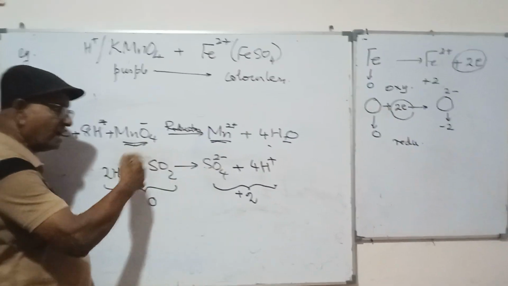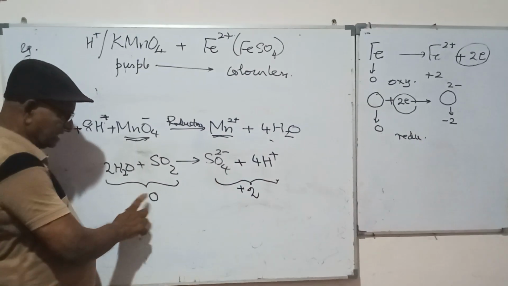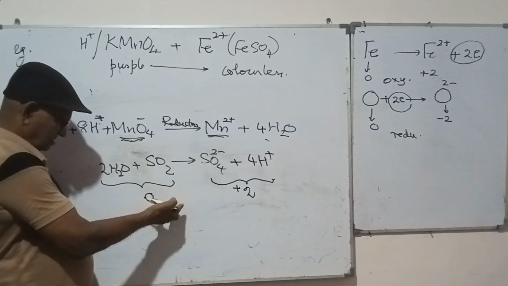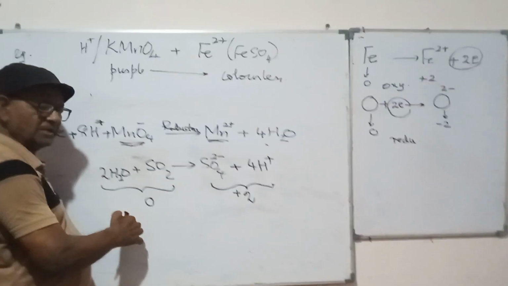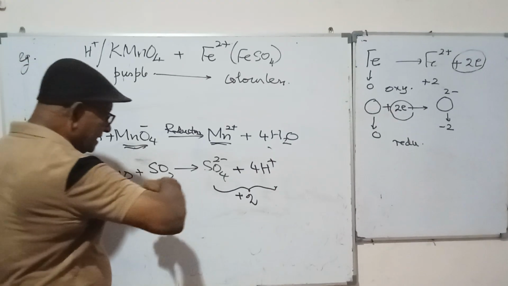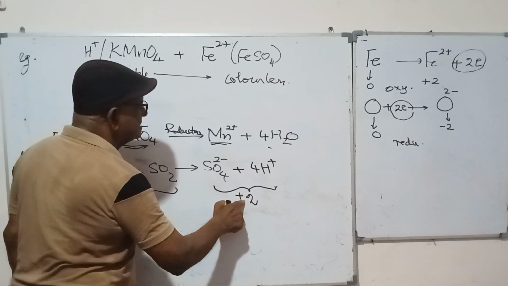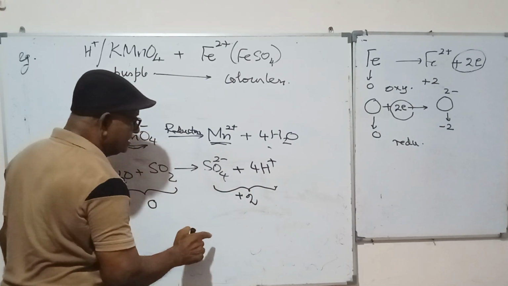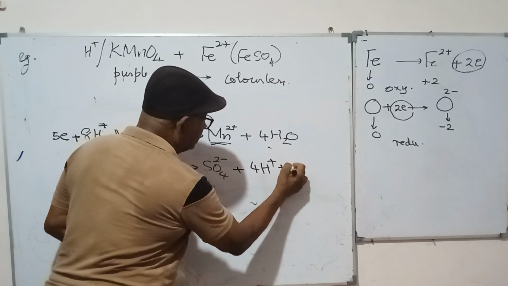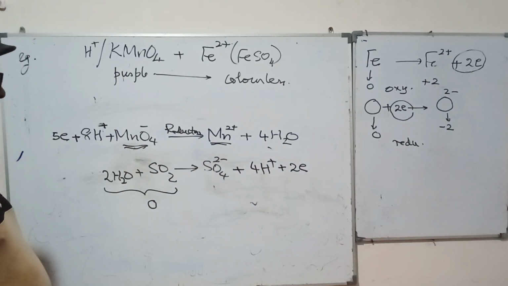Then how do we balance the charges of both sides? It is unable to give plus 2 here, so protons should be added. I told you we are unable to add protons, but we can neutralize those 2 protons with the addition of 2 electrons. If so, add 2 electrons to this side.